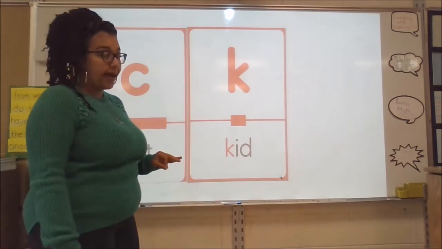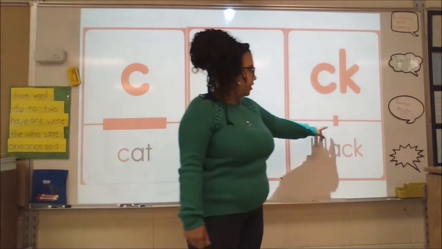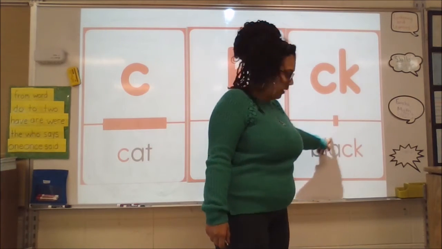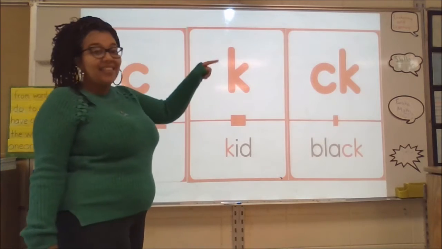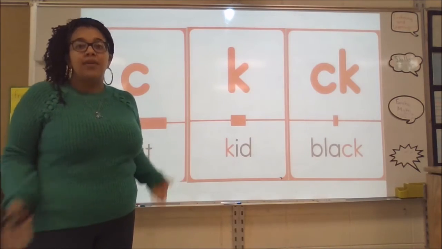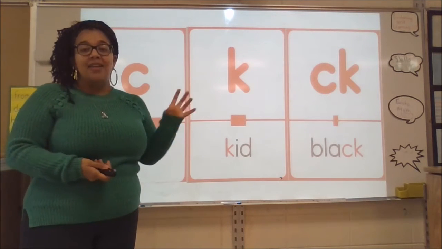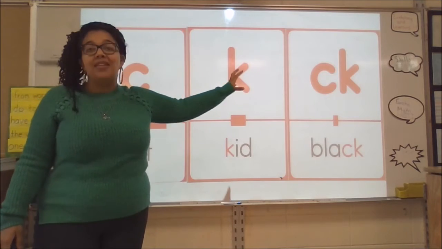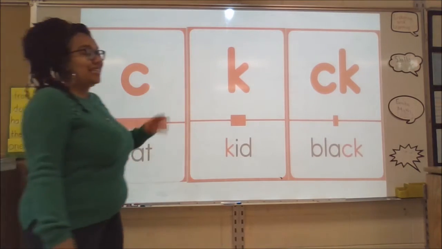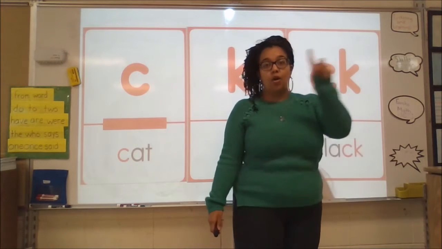We also have CK, black, which we use just a little bit of the time, okay? So that C and that K, both by themselves, can make the K sound. When they come together, they make one K sound. That's why we group this teaching with the double letter spellings. Because while it's not the same letter, it's the same sound repeating to make one sound.